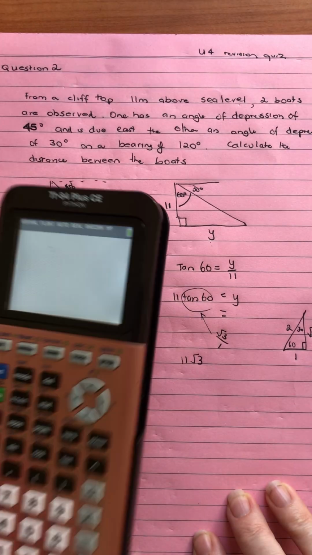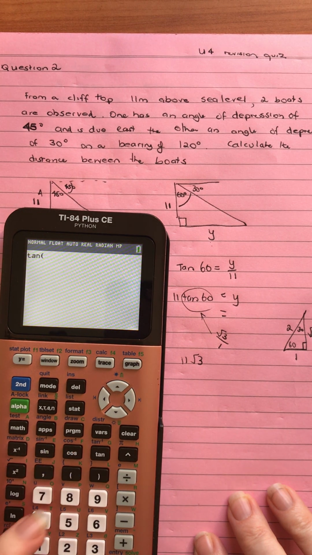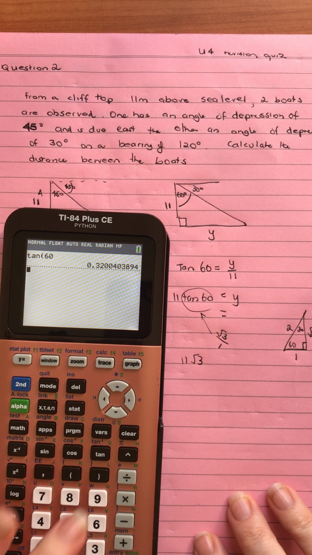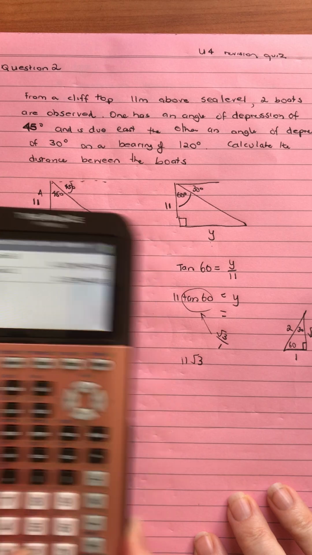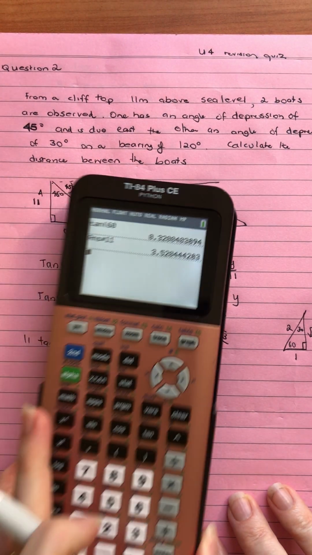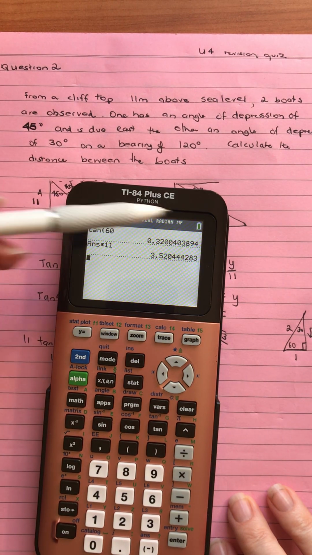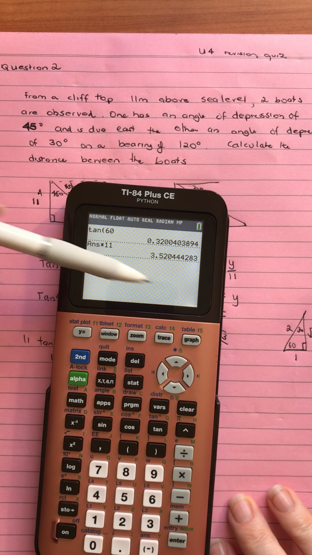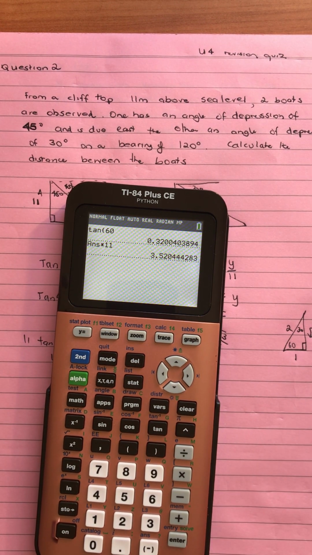Or we could do that on our calculator, being a tech active question, and just do tan 60 times 11. If you're doing it on your calculator, and because we're going to be using those values in the next part of the question, keep all the decimals on there to keep your answer as accurate as possible.